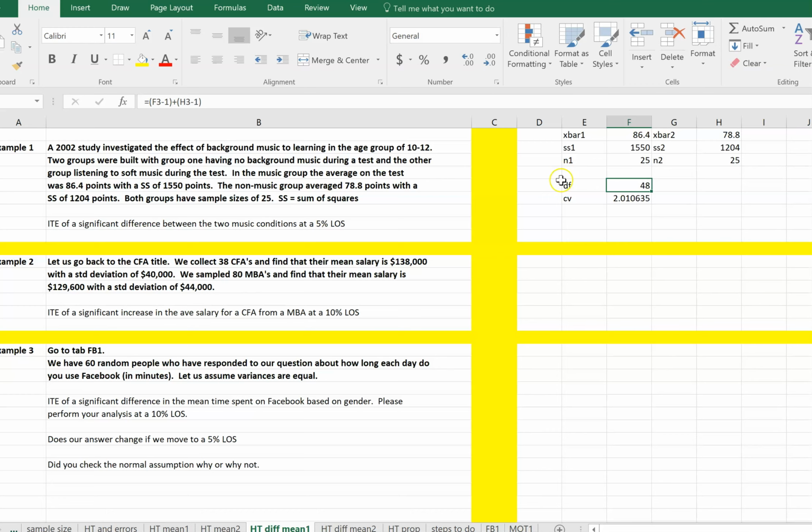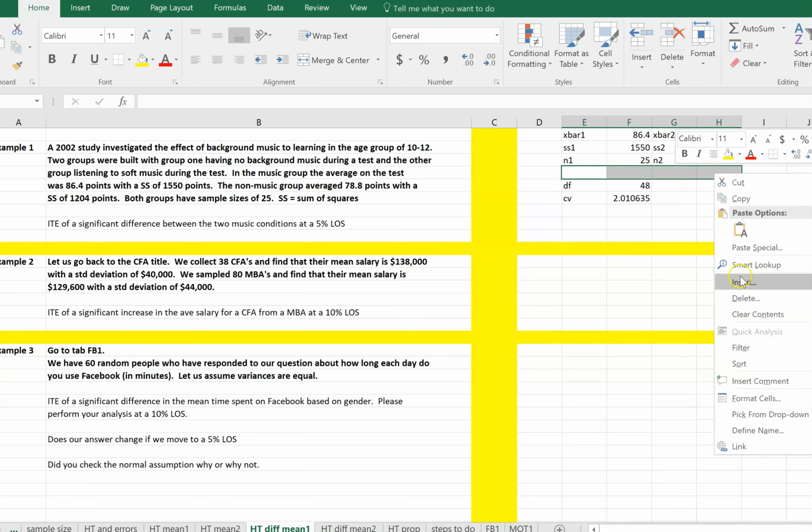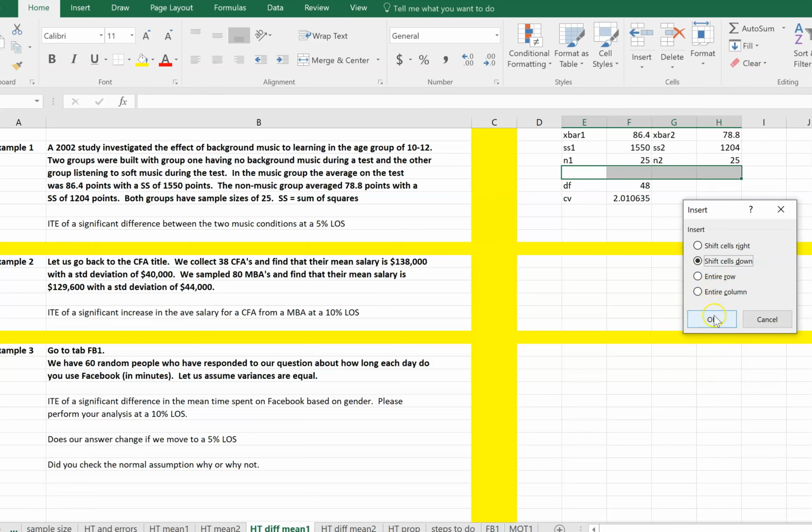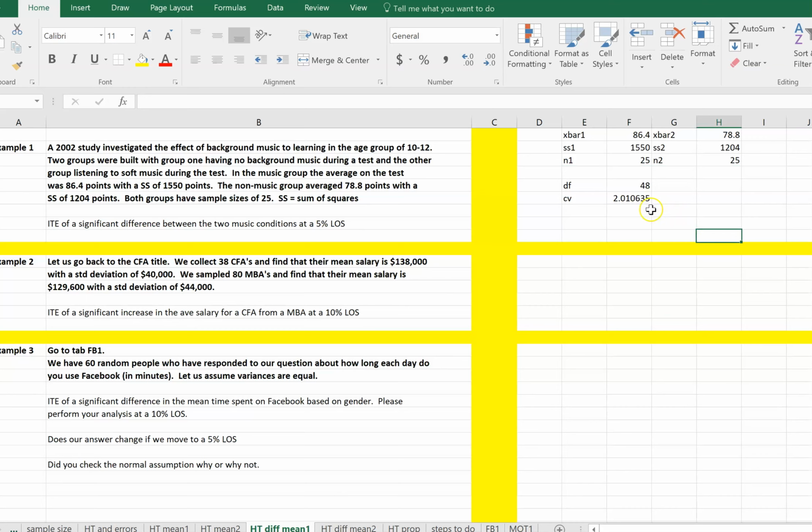Again, for those people who are clever, what you could do, let me insert here. Shift, so that's going to shift that whole thing down. I just realized something. I don't want to do that. I don't want to shift information in between there. But let's say over here, I gave alpha 0.05, because that's what's in this question, 5%, 0.05.